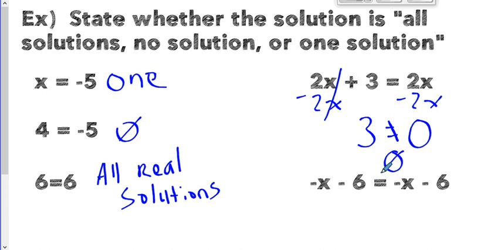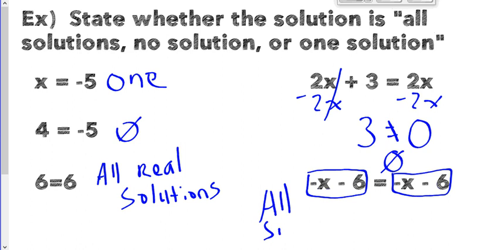Down here, maybe I pick up right at this stage, that -x minus 6 and -x minus 6 are the exact same thing. That's an example of all solutions. If I want to actually go through the process, I'm going to do this on another slide here. So I've got -x minus 6 equals -x minus 6.